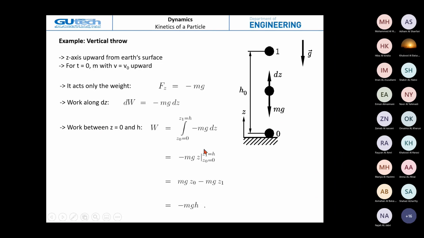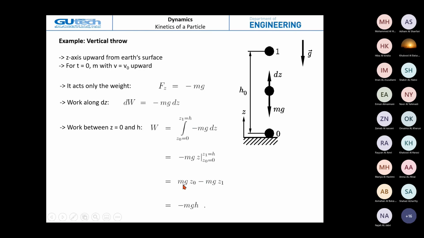The work between time t0, or z equal to 0, and z1, the height at time t1, we integrate, as our variable is the height z, from 0 to the actual height h.